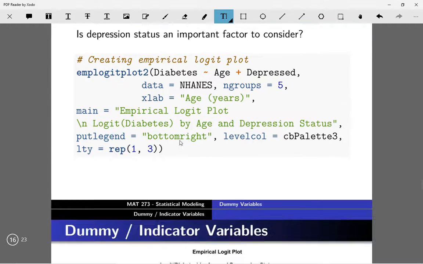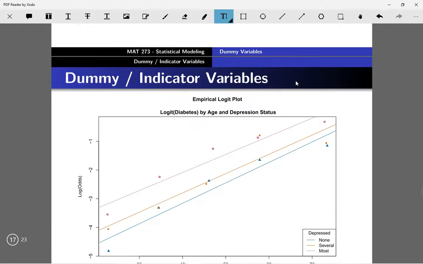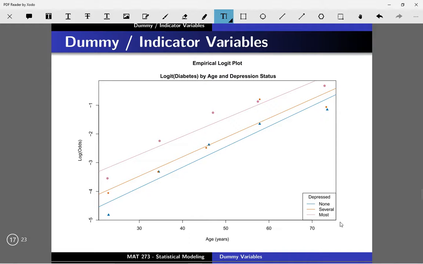Looking at an empirical logit plot like we did before, we look at the relationship between age and the log odds of having diabetes. We see again, age for all the depression statuses is still linearly related to the log odds of having diabetes.